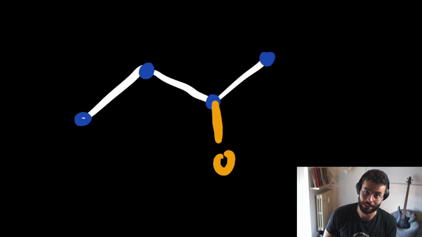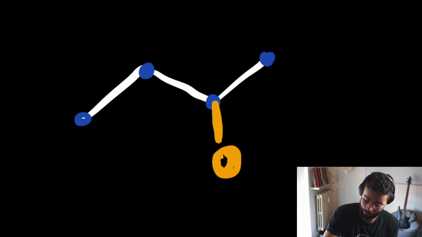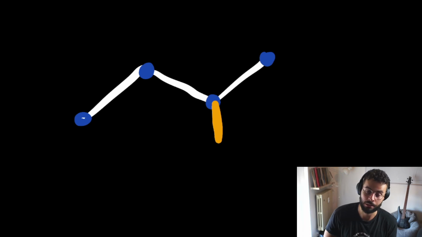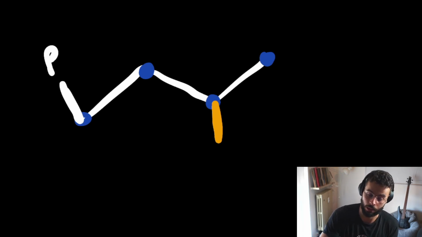If we want to add an atom that is not carbon or hydrogen, we just add a line and write down the atom itself. So if I wanted to add phosphorus, for example, I would just add a line and write phosphorus.